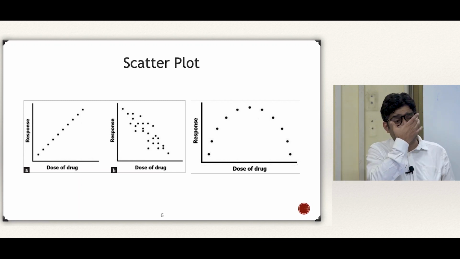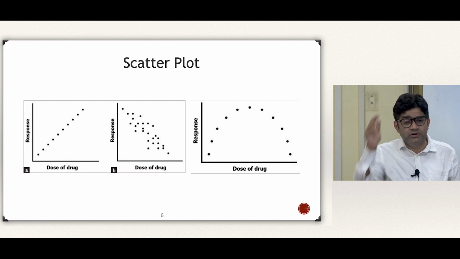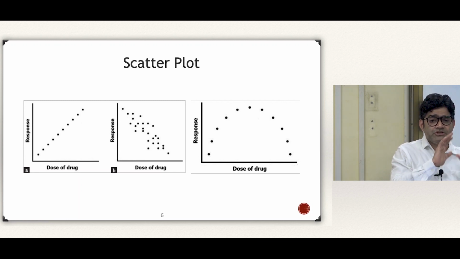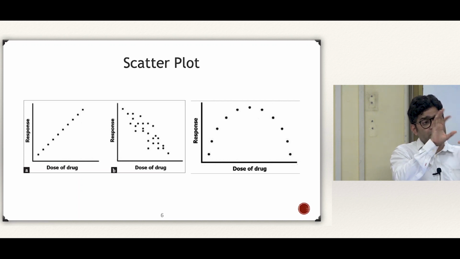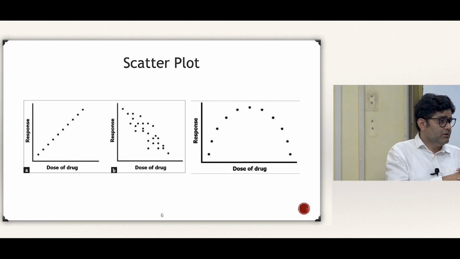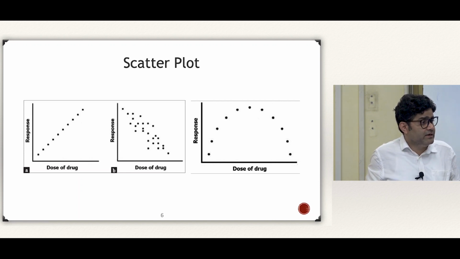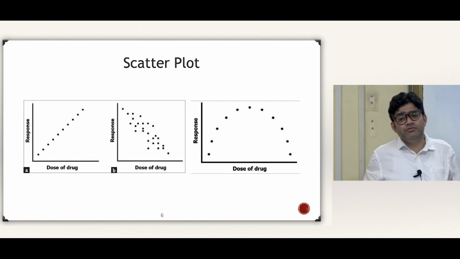Whenever we get an upward or downward trend, it gives us an idea that some form of relationship exists. If you get a circular or parallel pattern, it gives you an idea that the correlation might be very weak.